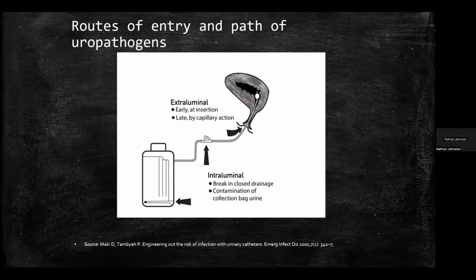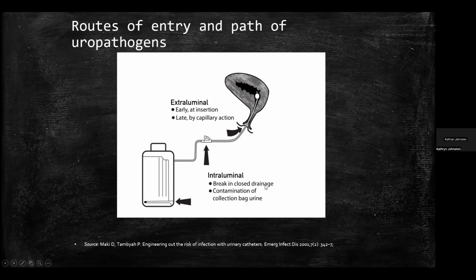The intraluminal route, the intraluminal infection, is caused by organisms gaining access to the lumen of the catheter, either from failure of the closed drainage or the urine in the collecting bag, or the collecting bag getting contaminated. And so while extraluminal ascension of microorganisms may be more common, both routes are important. And the intraluminal happens when there's a break in the closed drainage system.